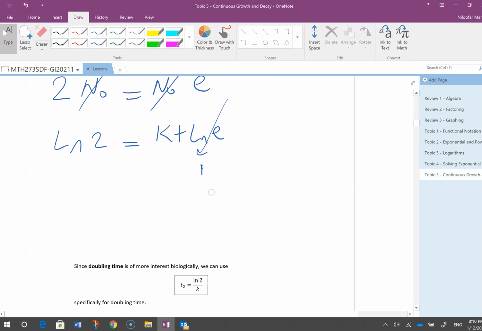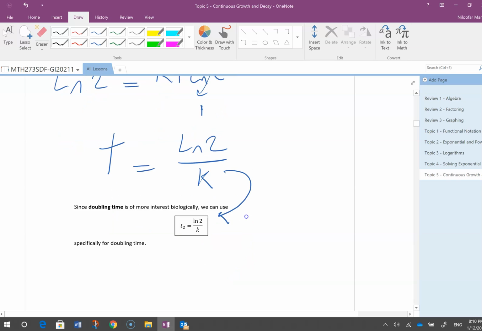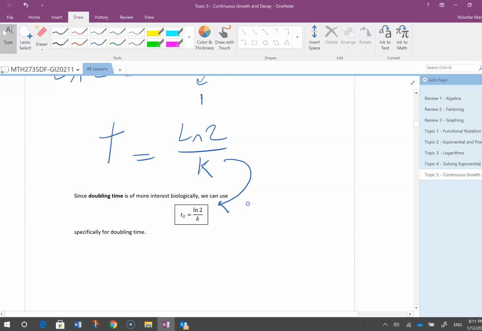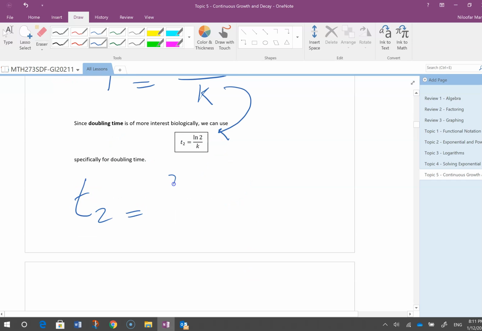So t is ln 2 divided by k. Look at this, t2 means doubling time. We show it with t2, or g in future, which is ln 2 divided by k. I don't need to know n0 at all. I can just calculate ln 2 using my calculator divided by k if I have k.